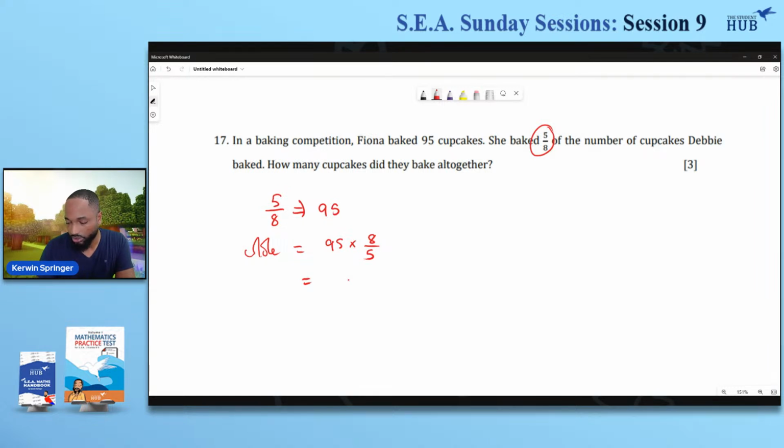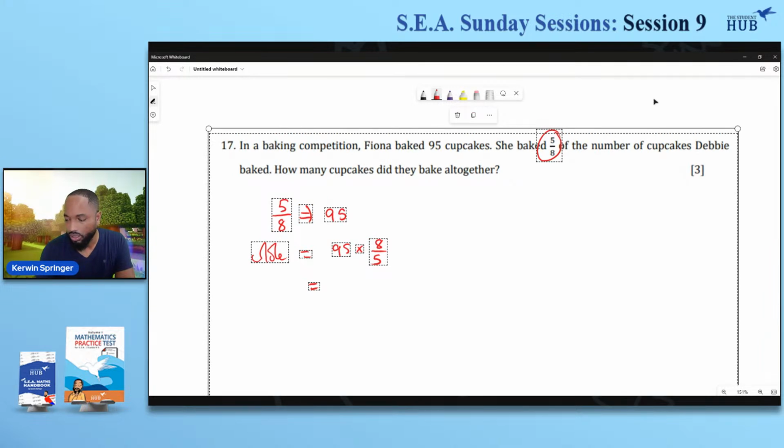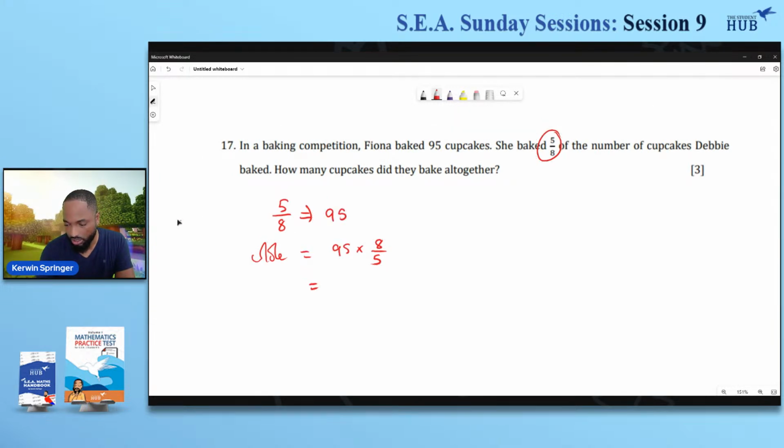how much? Five into this one, 5 into this one, and the 4. 19. 19 times 8. 152.